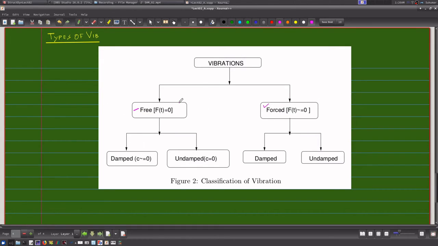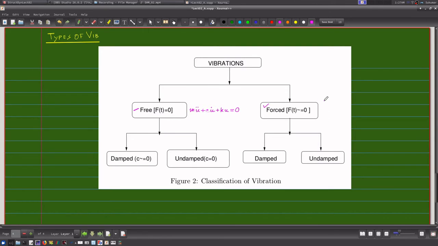So in that case, if I have a free vibration of a single degree of freedom system, my equation of motion will be mu double dot plus cu dot plus ku equal to 0, because Ft is 0 here. So this is what is called free vibration, and the equation of motion of a free vibration is this.